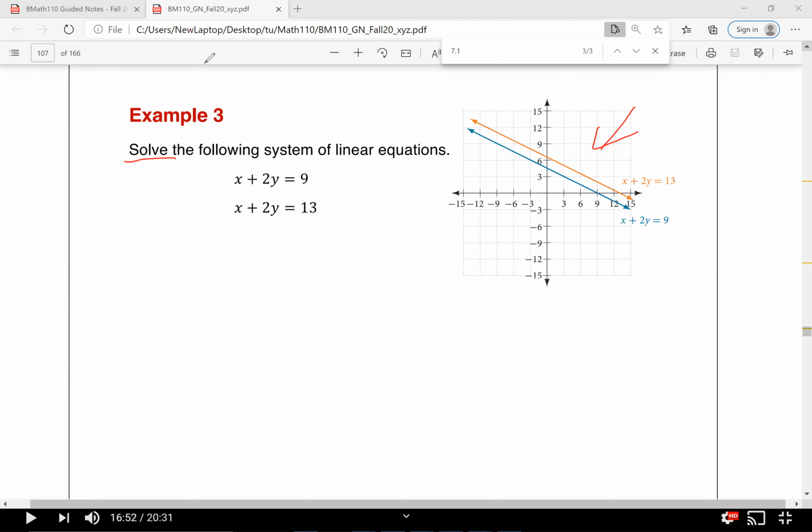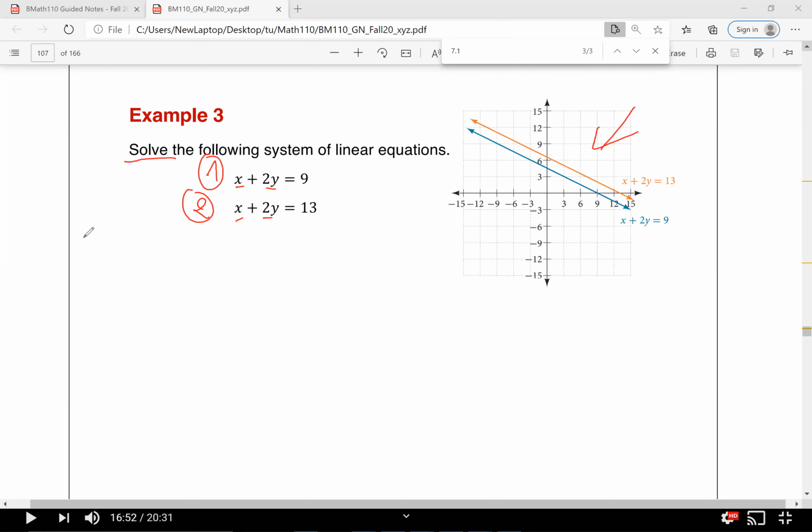So in this case, you see that both variables of both equations are on the left hand side, right? Similar to example two, you see both variables. The first equation here has x and y on the left hand side, and the second one also on the left hand side.